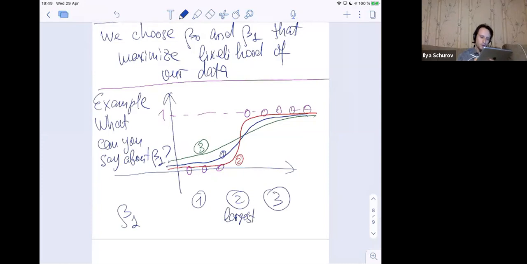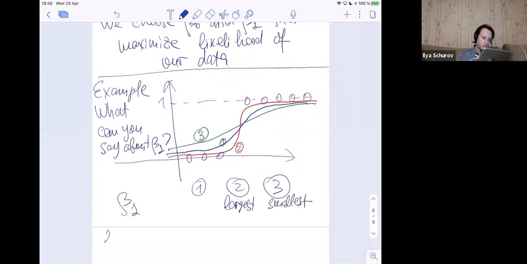And the smallest beta 1 is number 3. What can you say about likelihood? Where is the likelihood the largest? So which model gives us more likelihood?